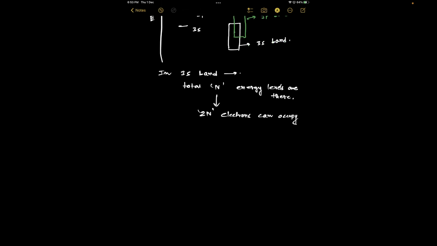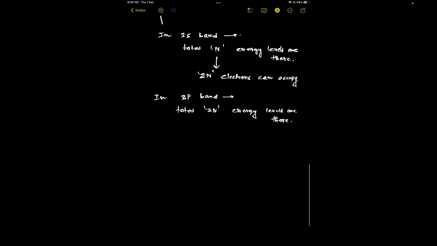Right, and in the 3p band also, a total of 3n energy levels are there, right? Because there are 3 p orbitals. So in 3n energy levels, a total of 6n electrons can occupy.